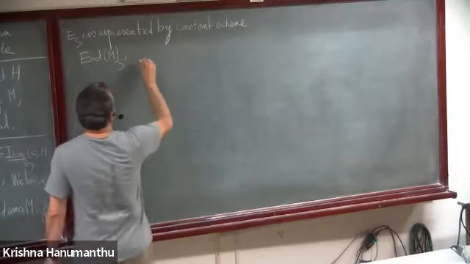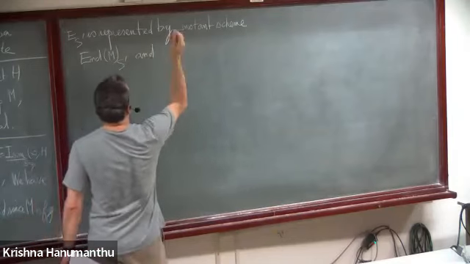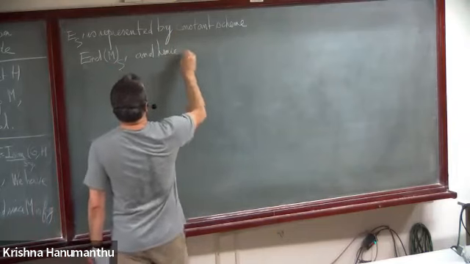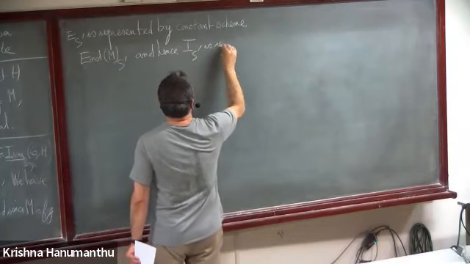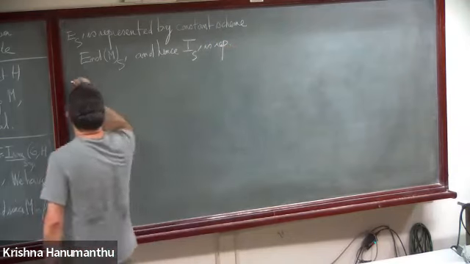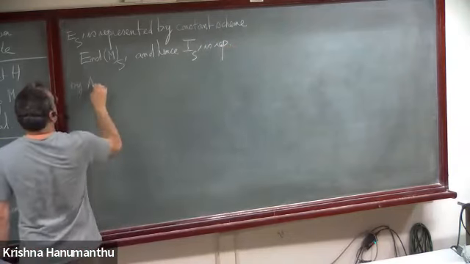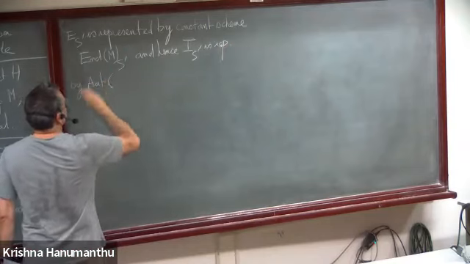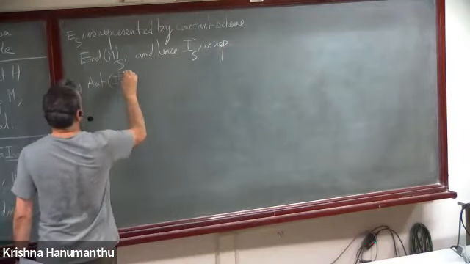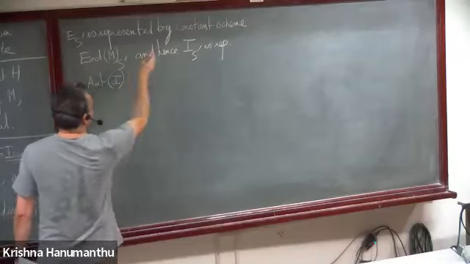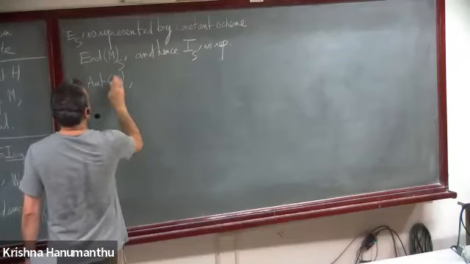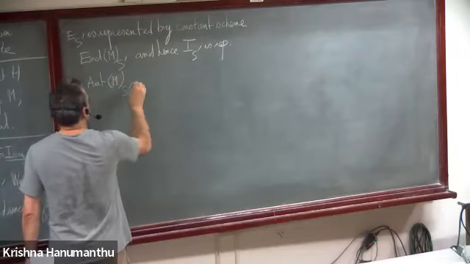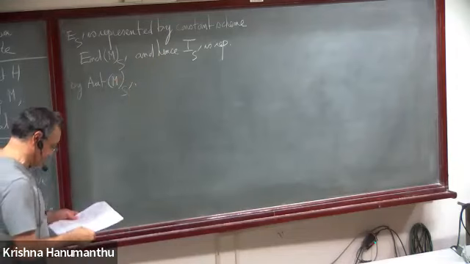And hence I S prime is represented by the constant scheme corresponding to the automorphisms of M.